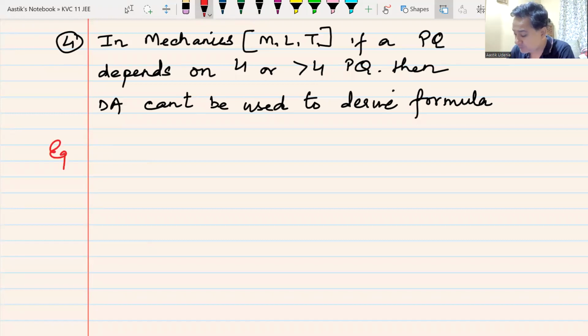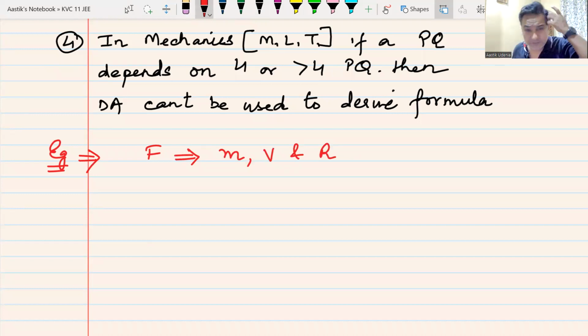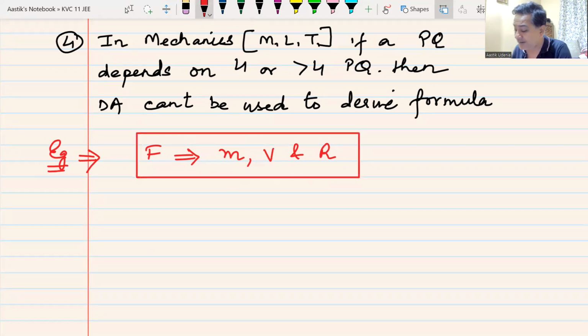Let me say it with an example. For example, if I have a question that force depends on mass, velocity, and r being radius or distance. Now, if I give you this information that force depends on mass, velocity, and radius, can you derive a possible formula in this case?